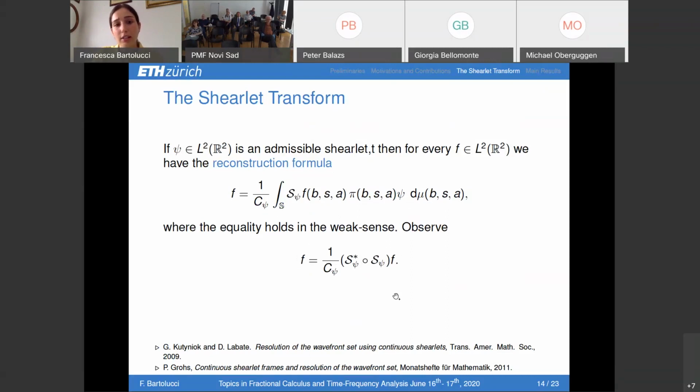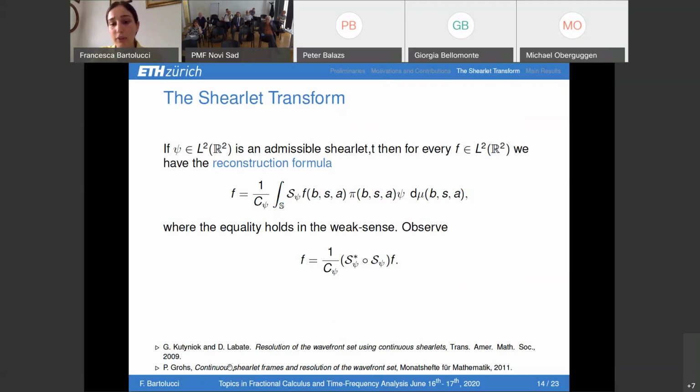The Shearlet transform was introduced in this paper by Kutyniok and Labate, and has gained more and more attention in the harmonic analysis community and also in the signal analysis community for its capability to resolve the wavefront set of signals, as it was proved in these two works.